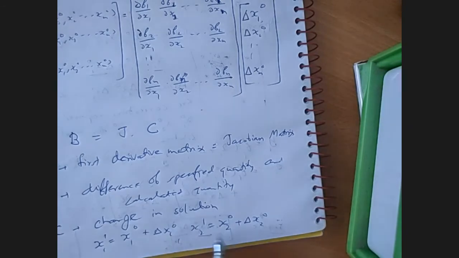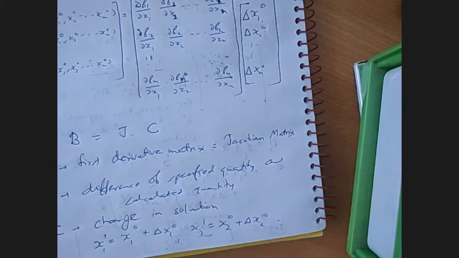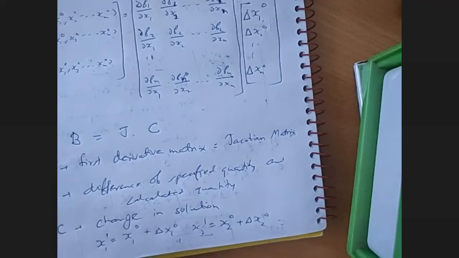Then we will again do this equation, again and again, till the changes delta x1, delta x2 and delta xn are within the specified range. When we reach a specified range, your solution has been reached, and this is how we solve with the help of the Newton-Raphson method.